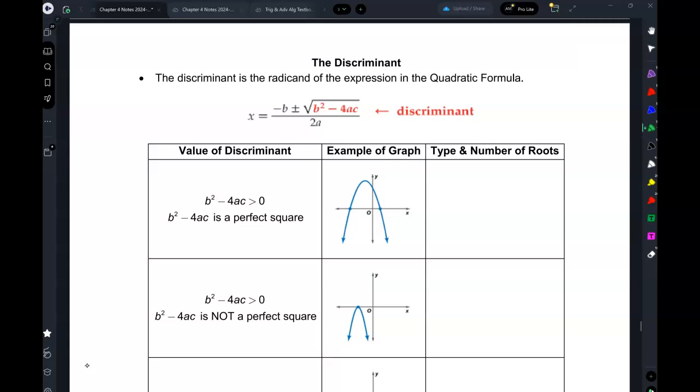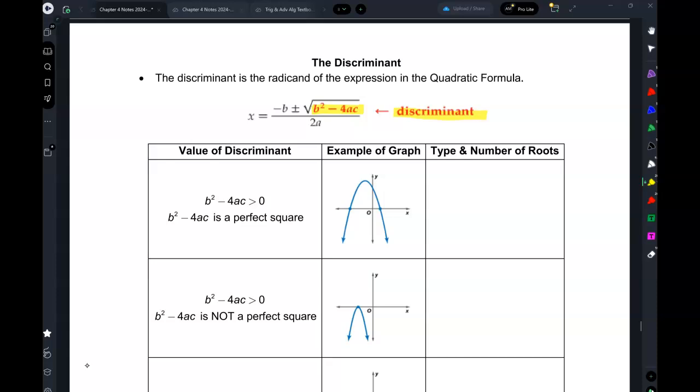So that radicand inside is called the discriminant. It has a special name, the discriminant, and it's b squared minus 4ac, right? So when somebody asks you, what's the discriminant? It's b squared minus 4ac. And let's really learn that name, because we care about the language of the discipline.